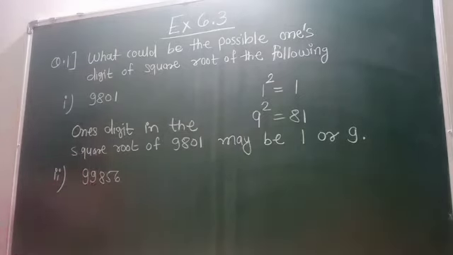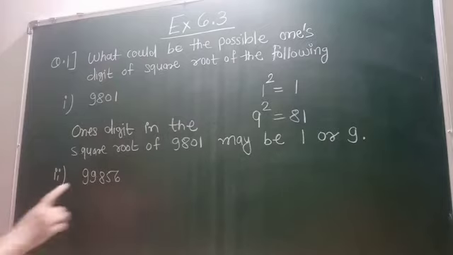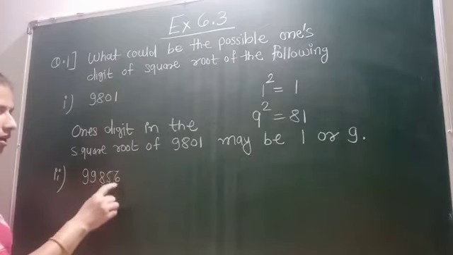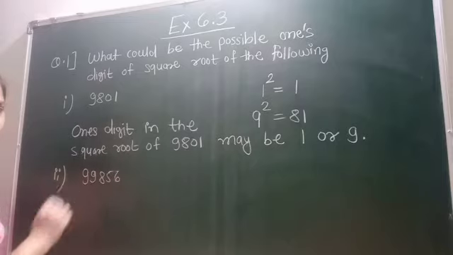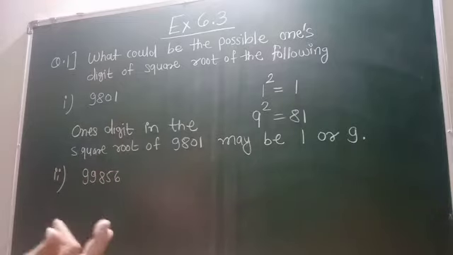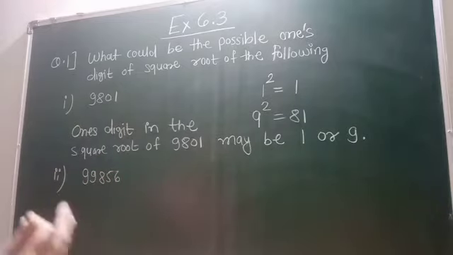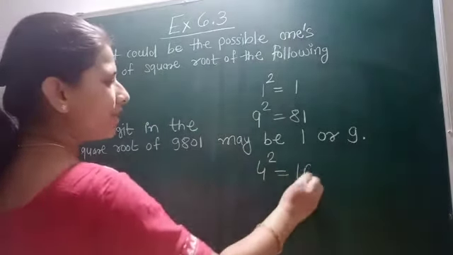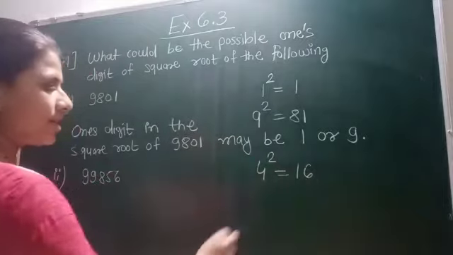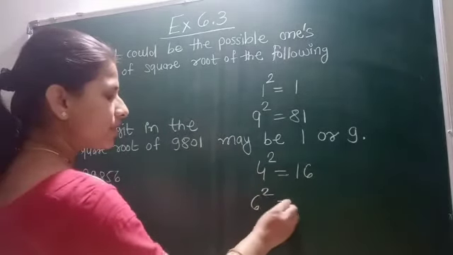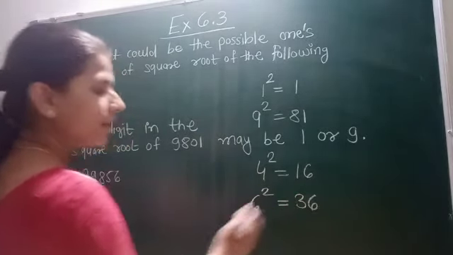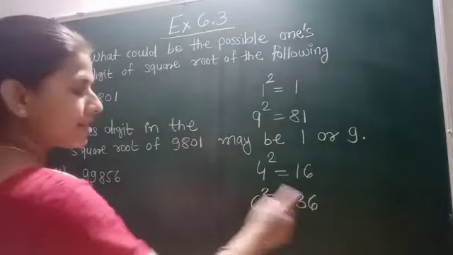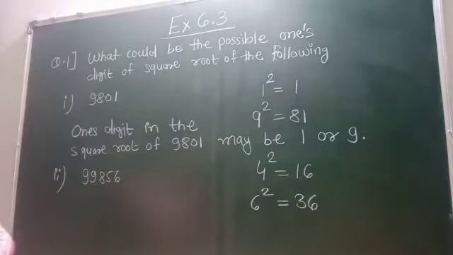And your second number is 99,856. As you can see in this number, the last digit is 6. When do we get 6 when we square a number? Yes, we know 4 square equals 16, unit digit 6. And when we multiply 6 two times, then also we get 6 in the unit place, that is 36.